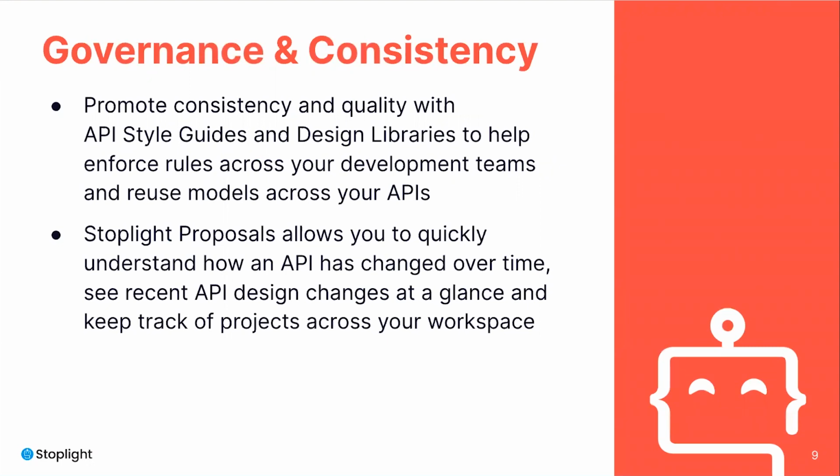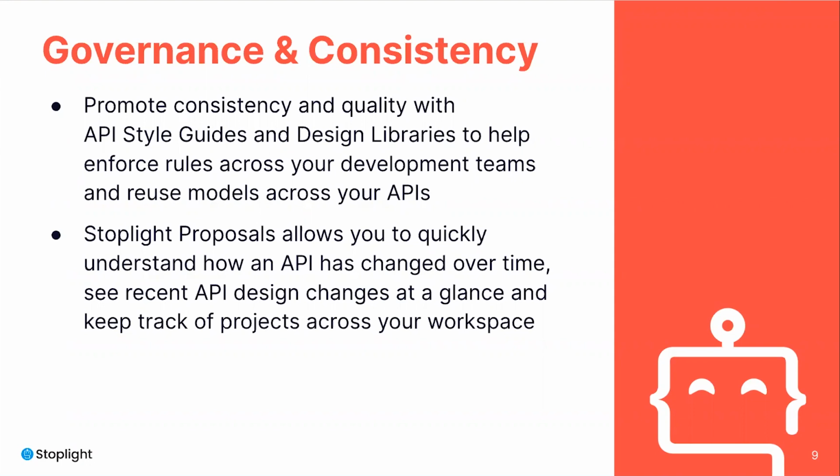Stoplight's governance features allow you to govern your APIs at scale with an always in sync central repository of API designs, schemas, and API documentation. You can easily share, apply, and enforce standards across all of your API designs to provide consistency, reusability, and better governance throughout your API program.